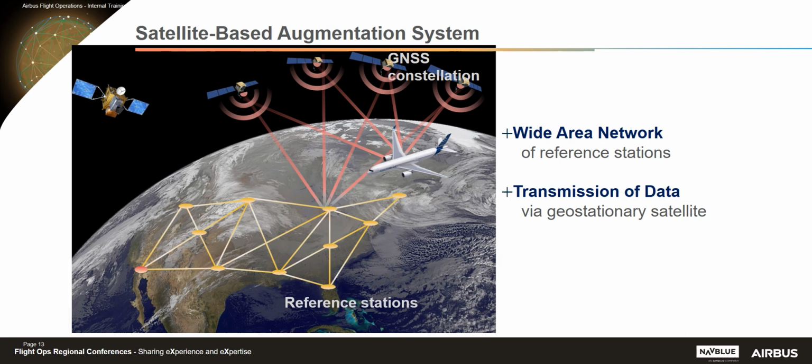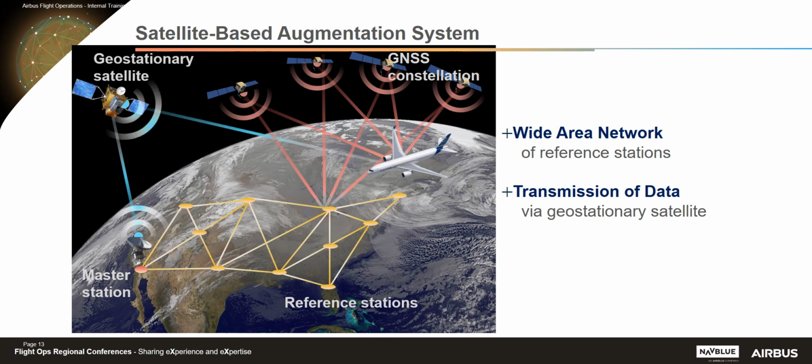The augmentation is provided by zone and transmitted via a geostationary satellite. It does not cover one or two airports, but one or several countries. The main operative networks are EGNOS in Europe and WAAS in the US.